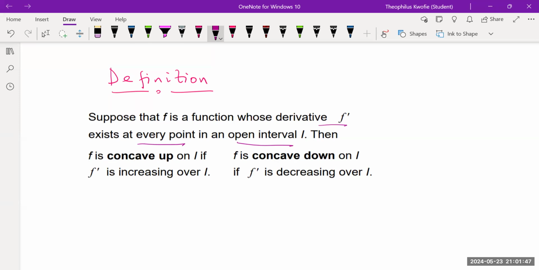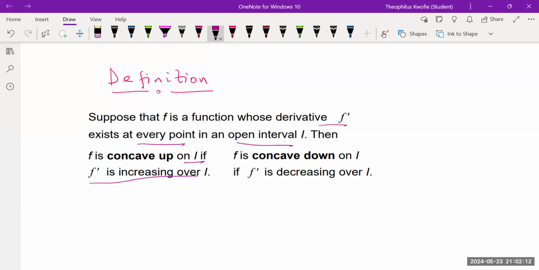Then we claim that f is concave up on that interval if f prime is increasing over the interval. So we claim that the function f is concave up on that particular interval if f prime is increasing on it.